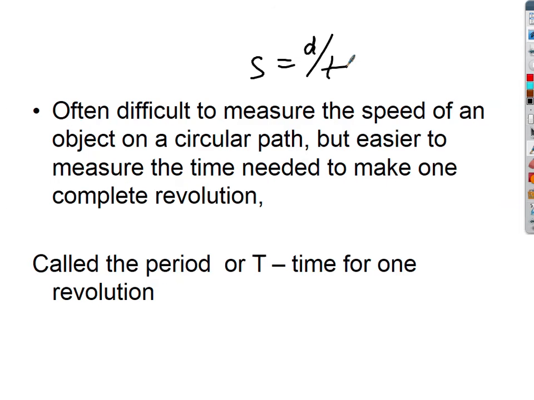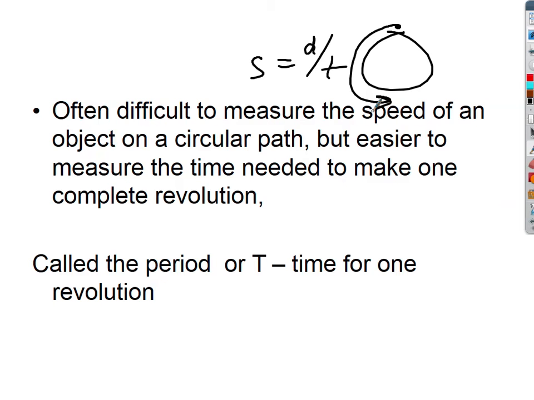But when we do experiments on circular motion, it's not going to be easy to measure the speed of one circle. Somebody could be swinging something very quickly around, and you're not going to be able to measure that quickly enough. It's difficult to measure the time that the object swung from the top to the bottom.